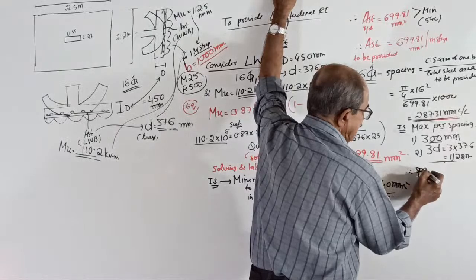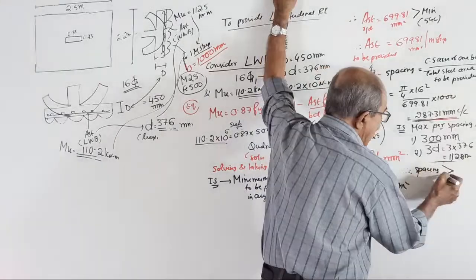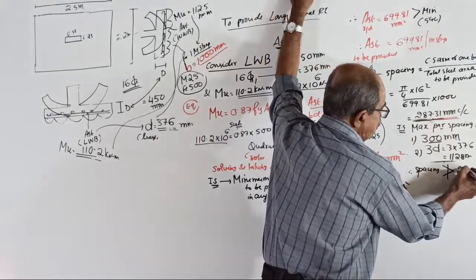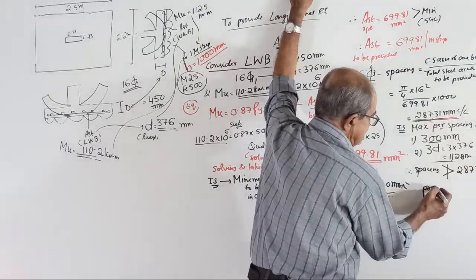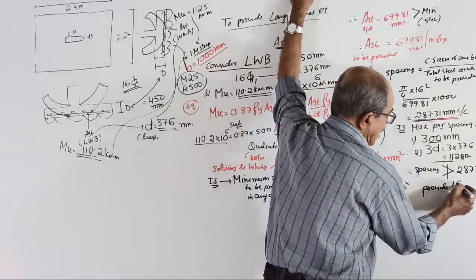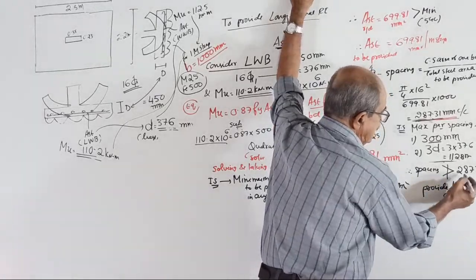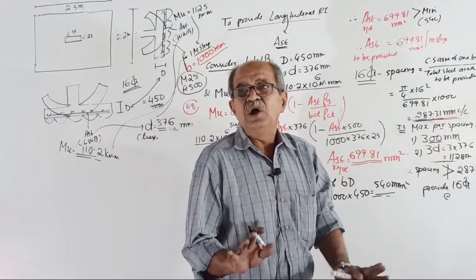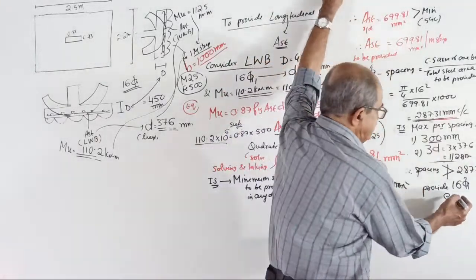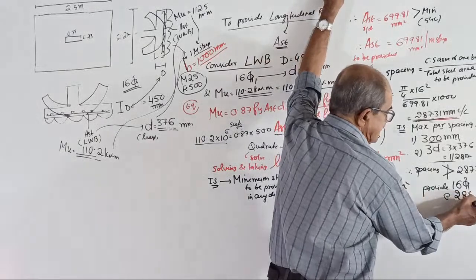Your spacing should not be more than how much? 287.31 millimeter. So provide 16 torr at 287, round off 280, sufficient, or 285, leave it, at 285 center to center.